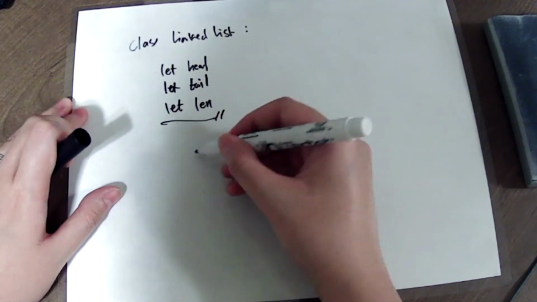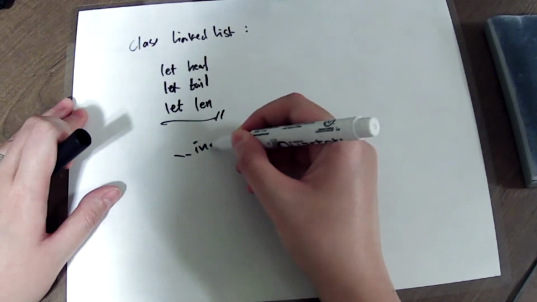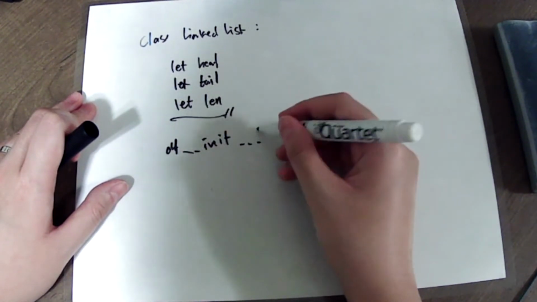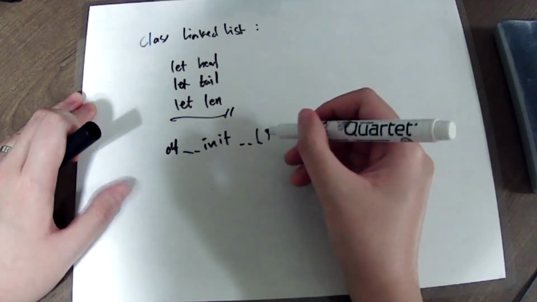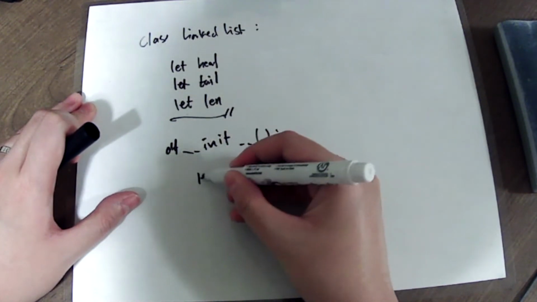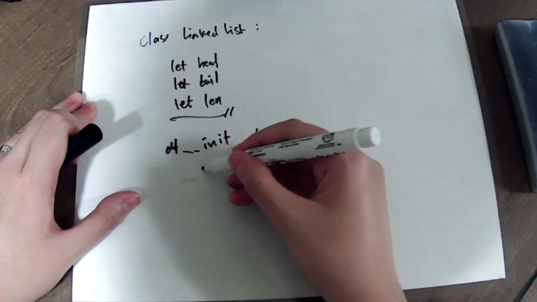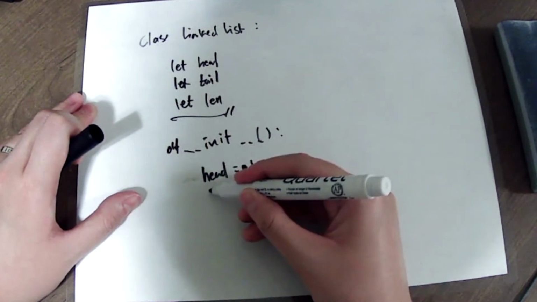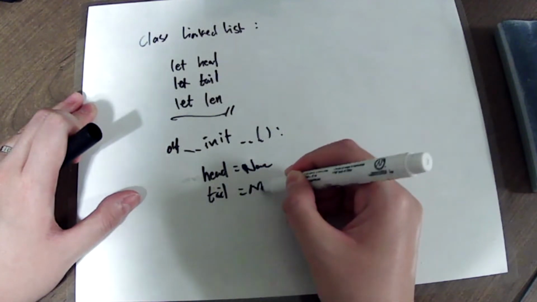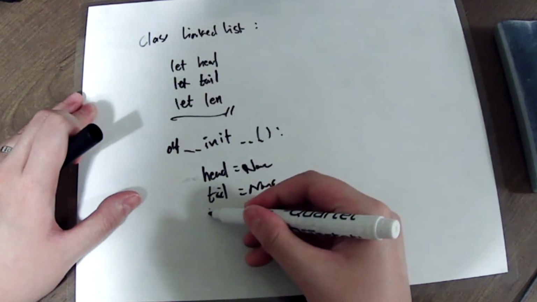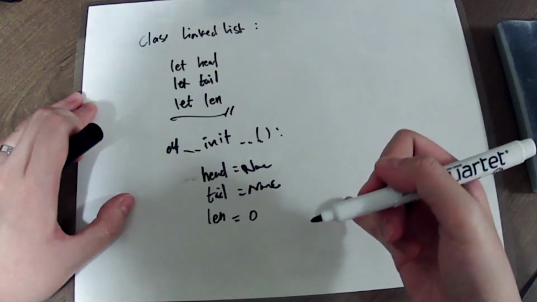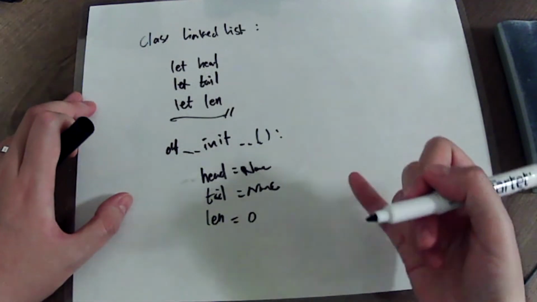So in the constructor, I'll just say def __init__, and I'll be assigning the values. It's not let anymore, it's head equals None, tail is also None. What we're doing for len is assigning it to 0 because in the initial linked list we have 0 elements in it.